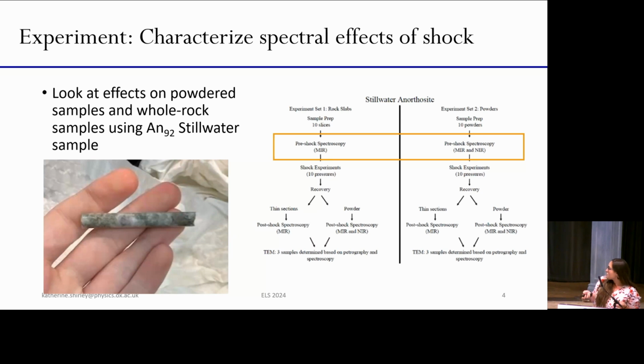And then afterwards, what we're hoping to do is we'll get back kind of fragmented material. So we'll hope to put some of those in thin sections to examine those, look again for those characteristic shock effects, see that deformation and do a good comparison between what we saw prior to shock, compare that then to some actual space weathered materials in thin section for both the slabs and the powders.